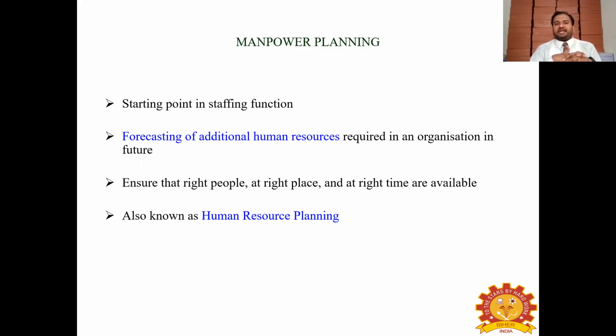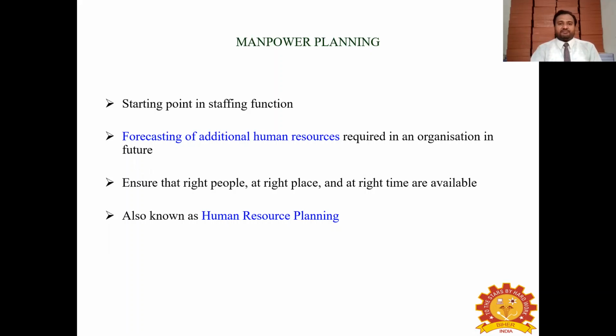This manpower planning is the first step in the staffing function. That is, before recruiting people, we need to think how many we need, what the different positions are that need to be filled in our organization, how many are already available, and how many we need in extra. So that is forecasting. Forecasting means predicting the number of people required for our organization.